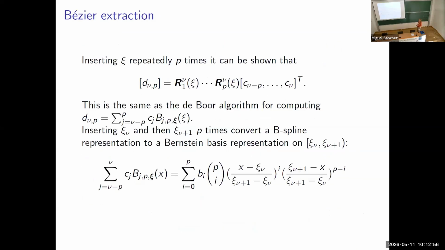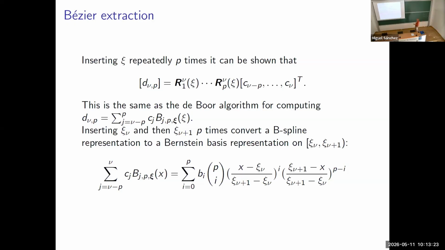And then you can use that, for example, what is known as Bézier extraction. If you insert one knot repeatedly p times, then you can write explicitly the pth coefficient, and then you get at the end only one coefficient left, and it's a product.